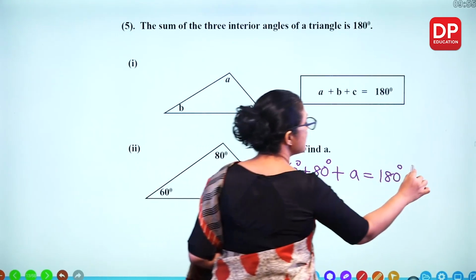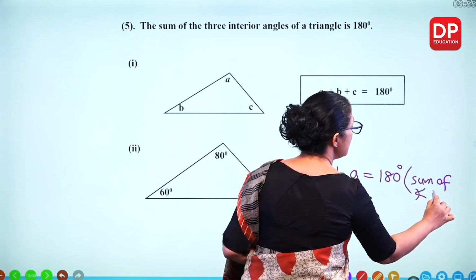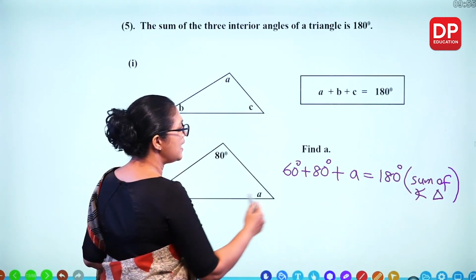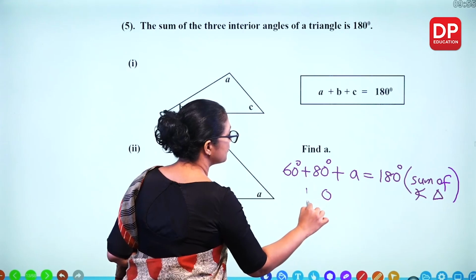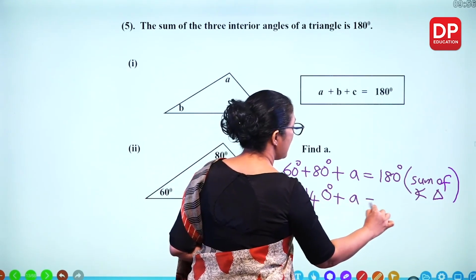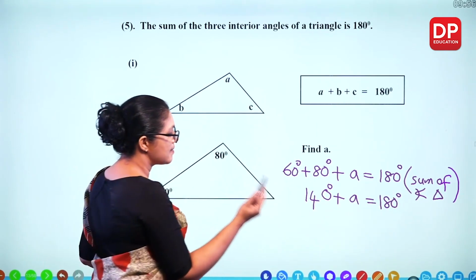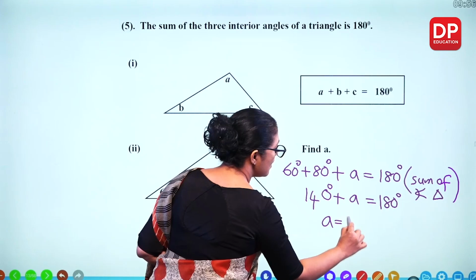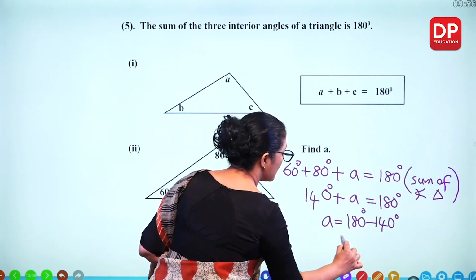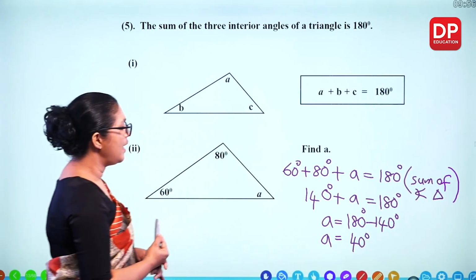So that's the sum of angles in a triangle. 60 plus 80, what do you get? 140. So 140 plus A equals 180. So how do we find A? Subtract 140 from 180, you get A. So 40 degrees for A.